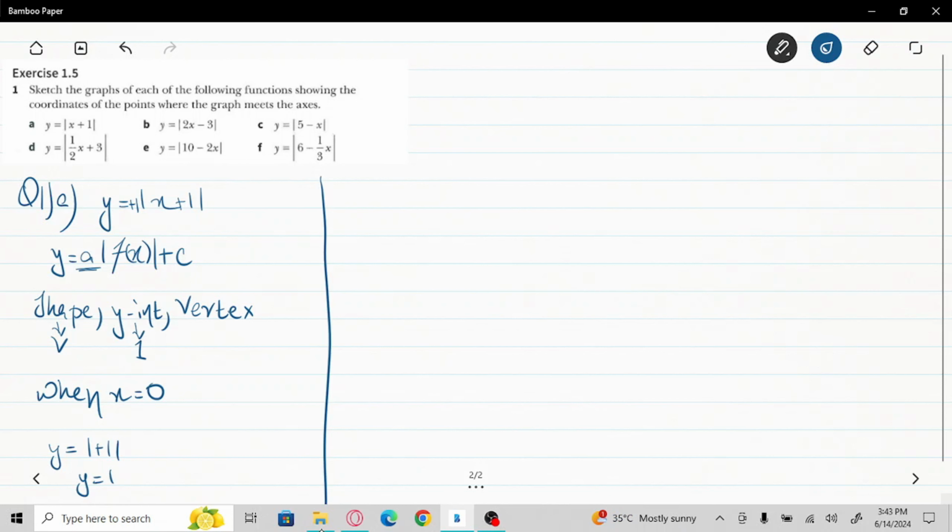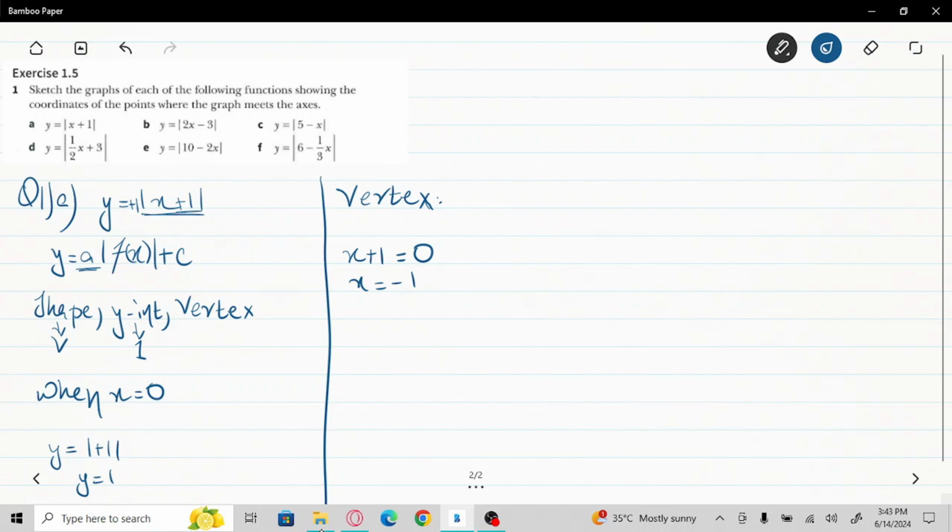Now let's find the vertex. What is the vertex? We do know it is the point where two lines intersect each other. As I told you, we are going to take this function of x out of the modulus, x plus 1, and just assign the value to be 0. So x is equal to -1.